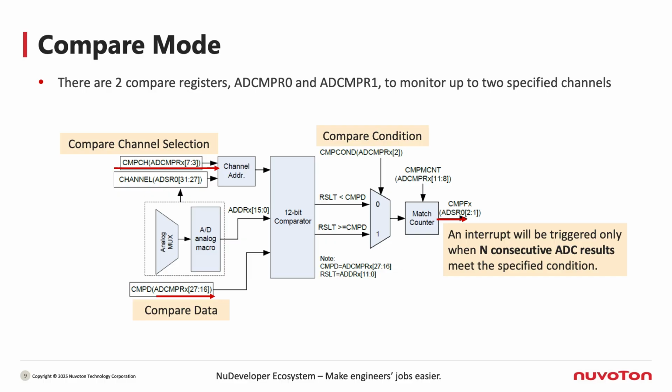When the ADC measurement of the specified channel meets the comparison condition for n consecutive times, the system will trigger an interrupt. This functionality is useful for applications such as overvoltage and overcurrent detection.